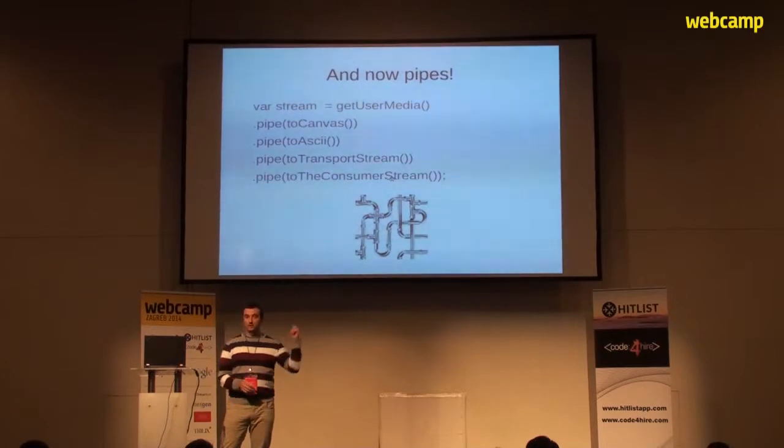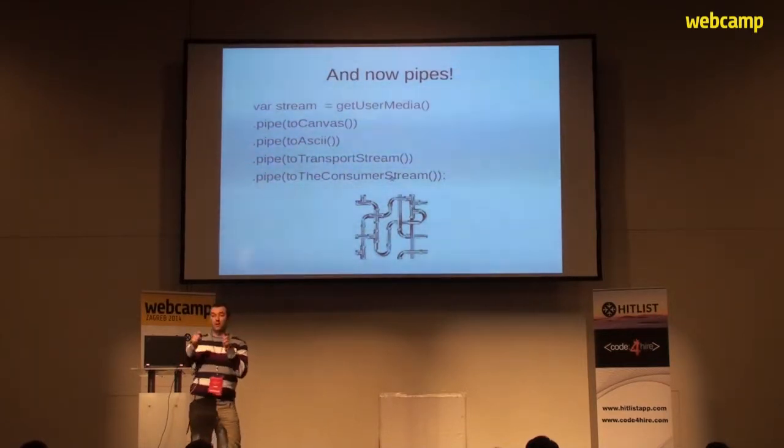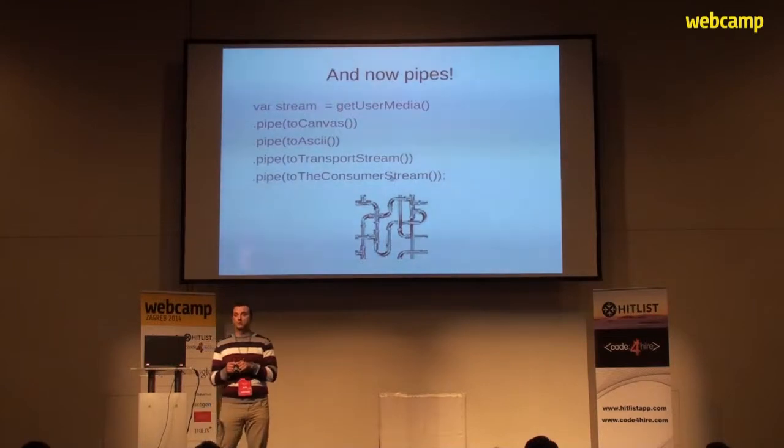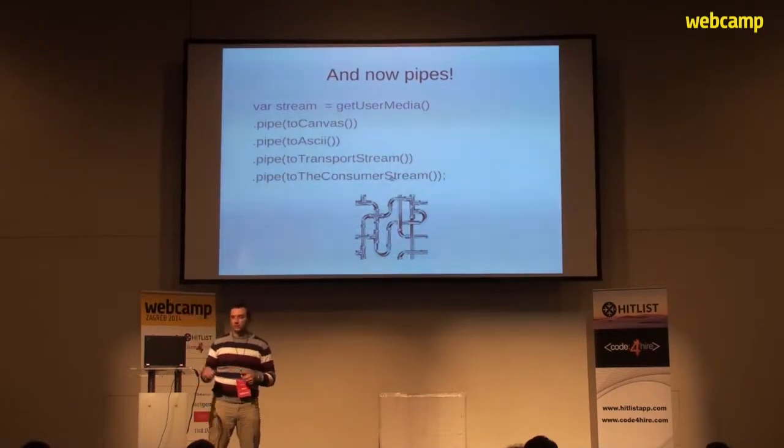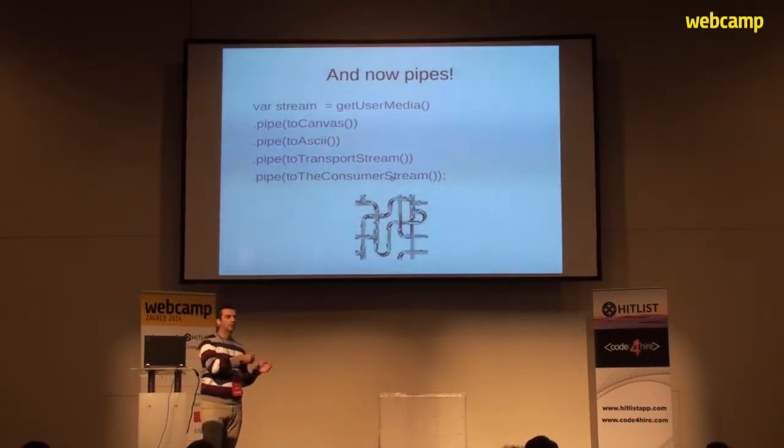Like I said, the first example with the Predator camera or ASCII camera, we have getUserMedia, and we should be able to pipe that to canvas, and then pipe that to ASCII, and then not even show it on the screen. Maybe we can just pipe it to some sort of a transform stream, and then pipe it on somebody else's screen. So this is what this piping thing means.